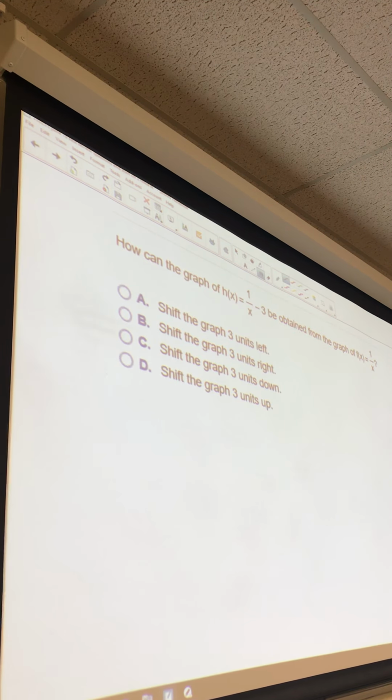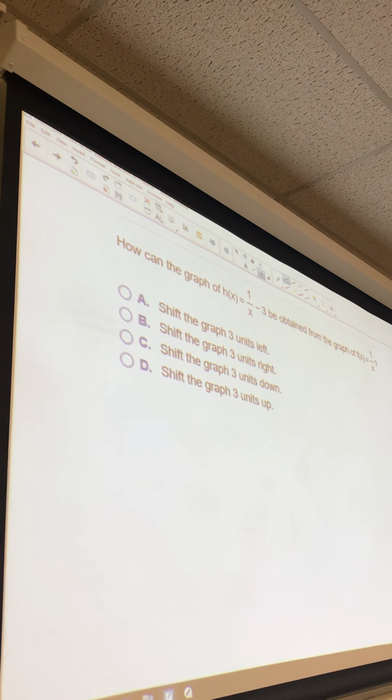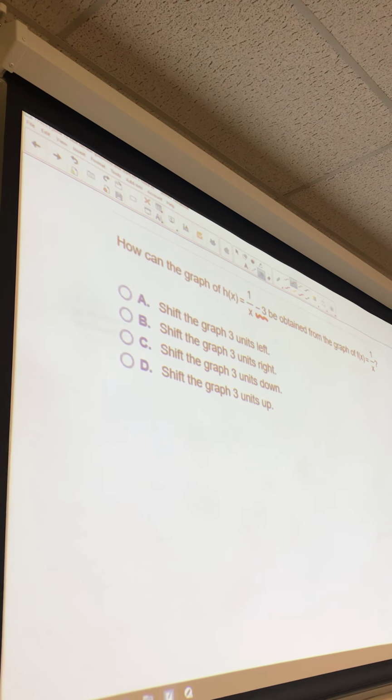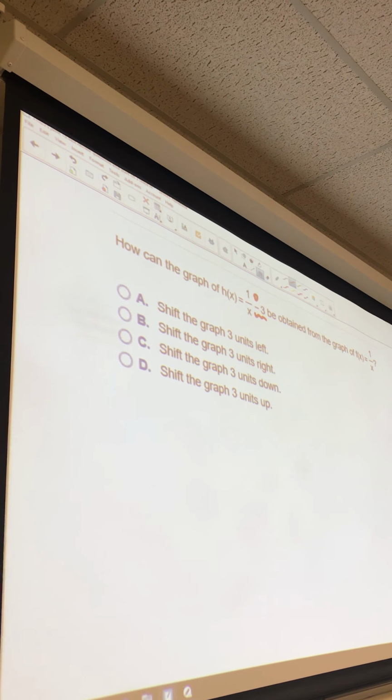So, how can the graph of h of x equals 1 over x minus 3 be obtained from the graph of f of x equals 1 over x? So 1 over x is our parent graph, the basic graph. We're going to look at the number. Is the number, which is this minus 3, inside or outside? Is it inside the parent function with the x, or is it outside of the whole parent function? Outside.